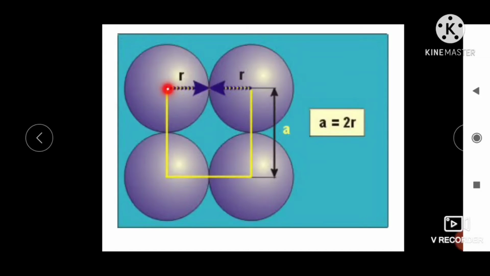Then we can relate the radius with a. Here a, the edge length, is the total of the radii: a equals 2r. We can say the radius of an atom is half the side of the simple cubic lattice.